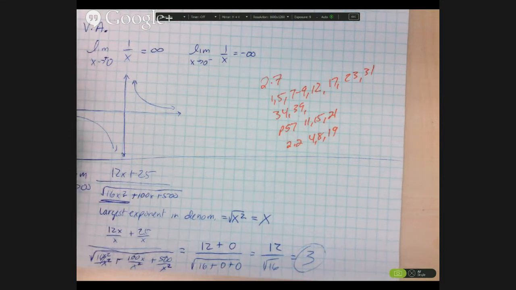Skip 1-5 for now. I'm going to look at something on the AP test to make sure it's. Yeah, start at 7.